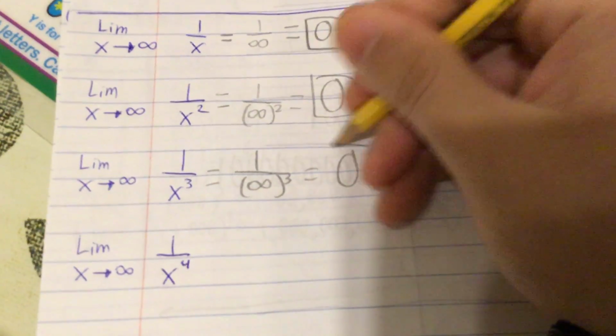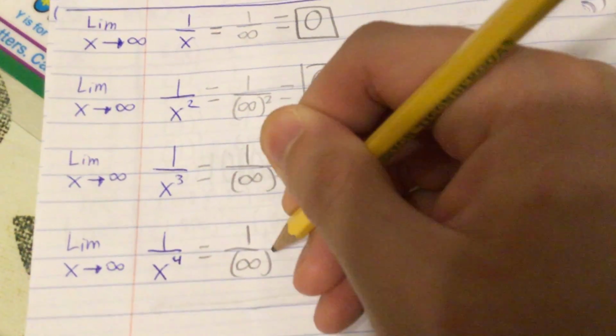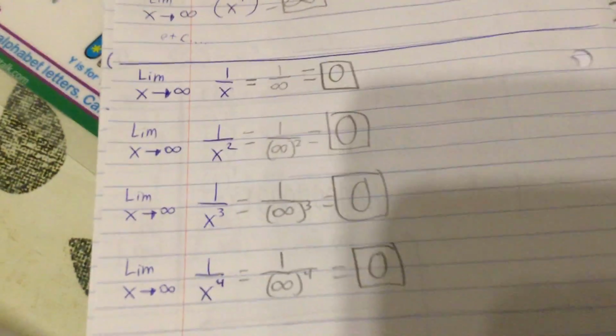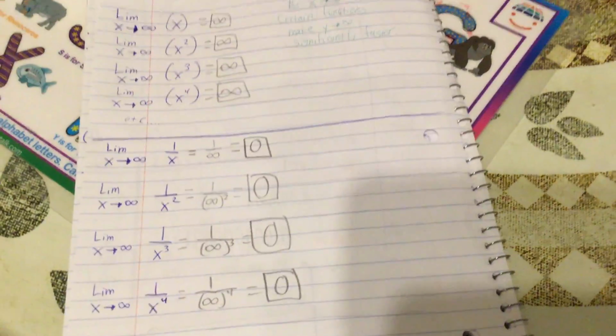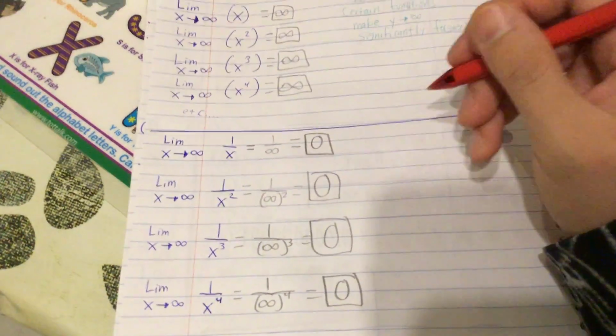That's still going to be 0. 1 over infinity to the 4th power, it's still 0.